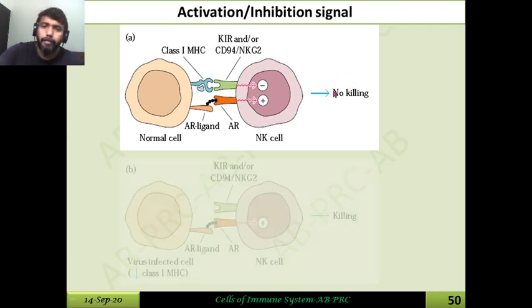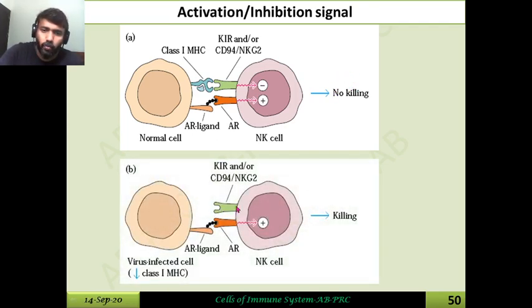All right, but when there is no negative signal, because there is no MHC expressed here, if no MHC molecules are found on the surface of the target cell, then automatically the NK cell will identify this as a target because only the positive signal persists. Then there is destruction. Right. So this is the mechanism by which the NK cell will identify the target cell by means of reduction in class 1 MHC. That is the first mechanism.